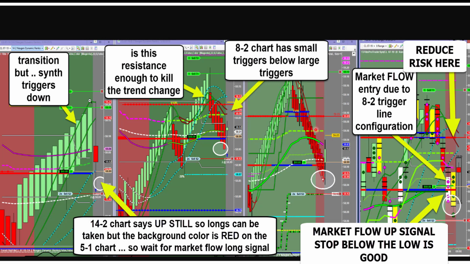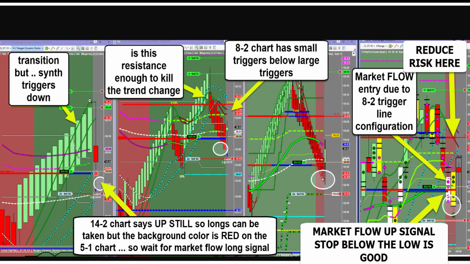One of the other things that you're going to see, and again, my opinion is for new users, you should only do trades when all of the background colors match. If you decide you want to do extra trades where they don't quite match, and say the background color is red on the smaller charts, 5-1 or 8-2, then this is where sometimes waiting for a market flow long signal, instead of just getting in assertively on the way down, you wait for a market flow signal to help you out.